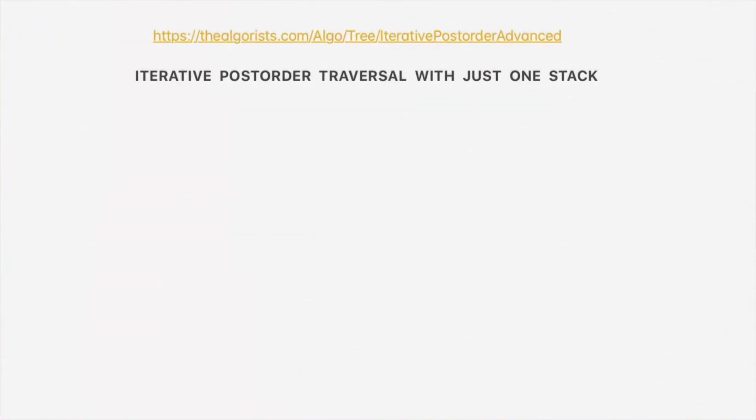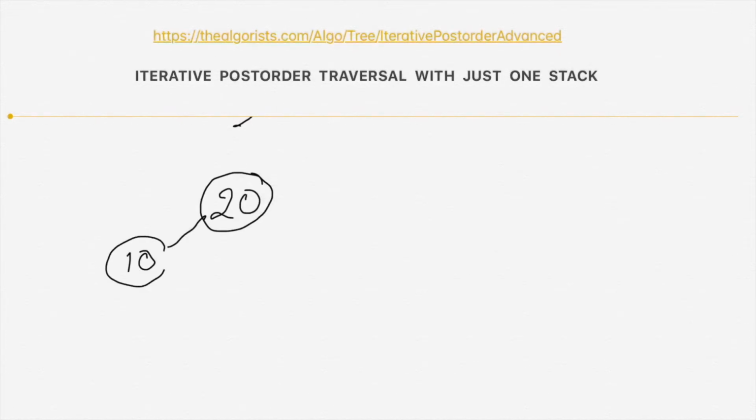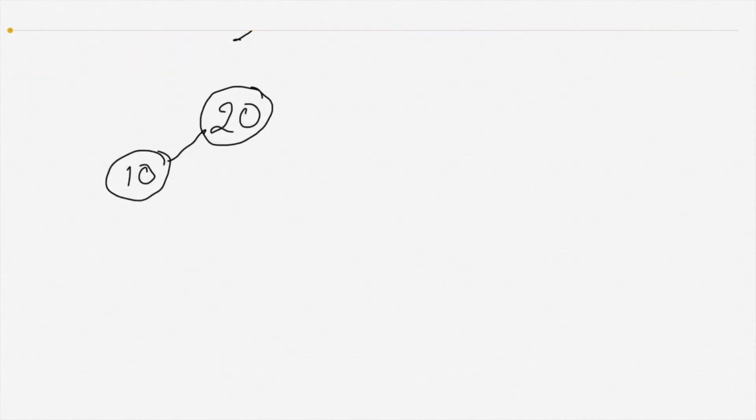So let's start with a binary tree and see how the post order traversal works. As of now, I am taking a binary search tree, but it would work in any binary tree.